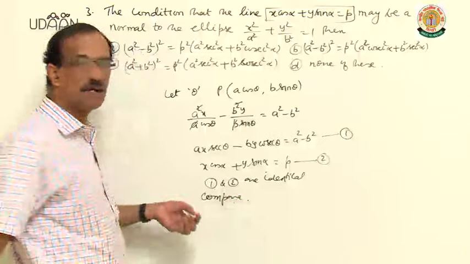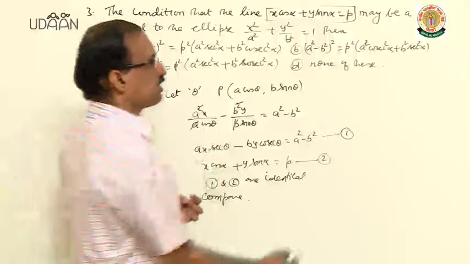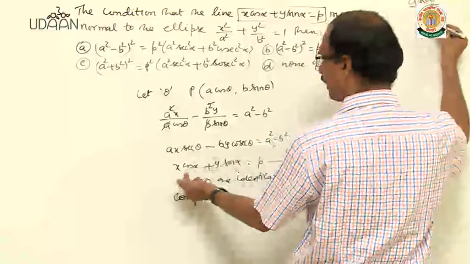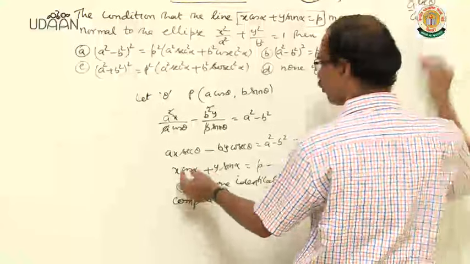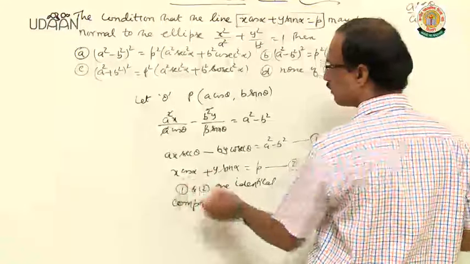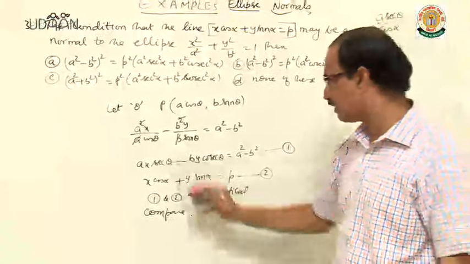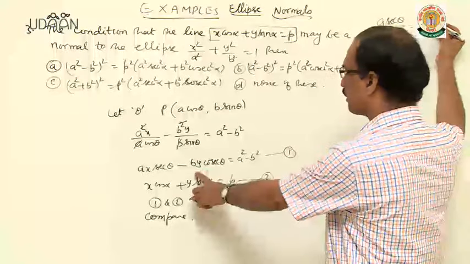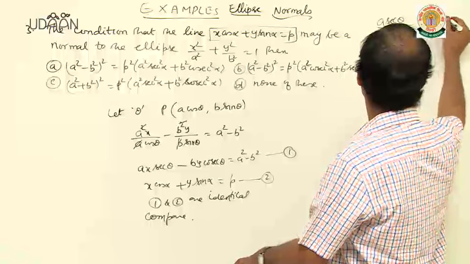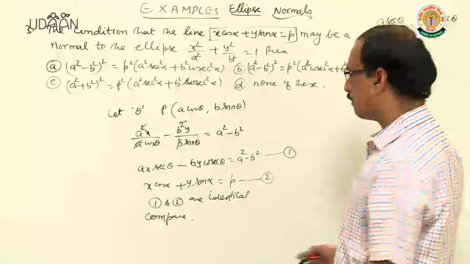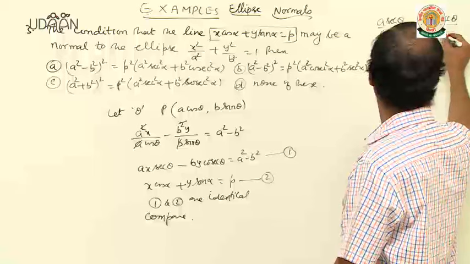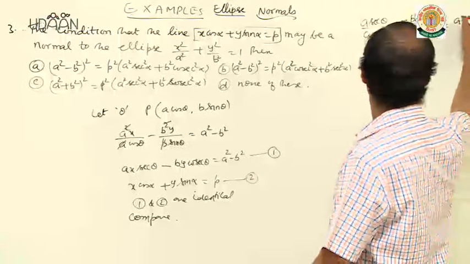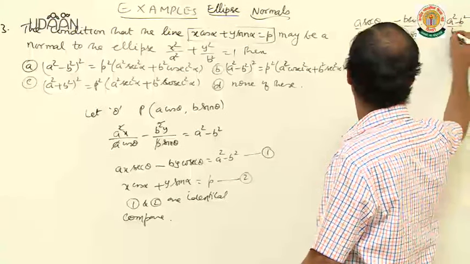On comparing, what you get: a sec theta upon cos alpha, that is the coefficient of x, and here you can see the coefficient of x. And similarly here, that is equal to minus b cosec theta upon sin alpha, equals, here the constant is a square minus b square by p.